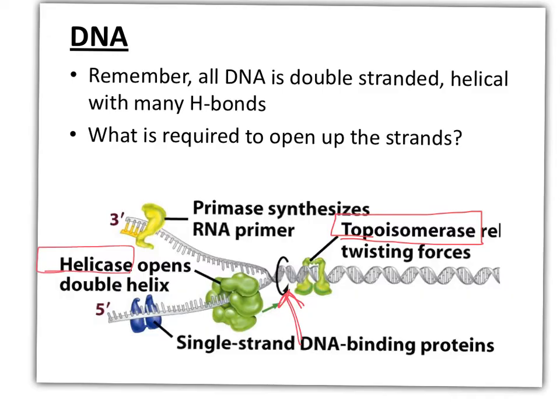Now, how does topoisomerase work? Well, imagine you had two strands of DNA connected by hydrogen bonds, which are the dotted lines there. Let's say there was a lot of tension there.